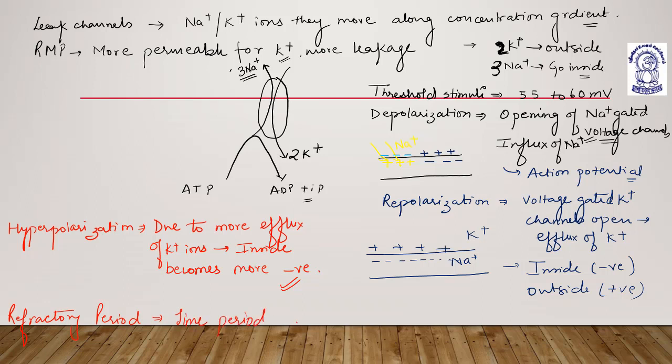It is a time period under which a second stimulus cannot generate a nerve impulse. This is a refractory period.